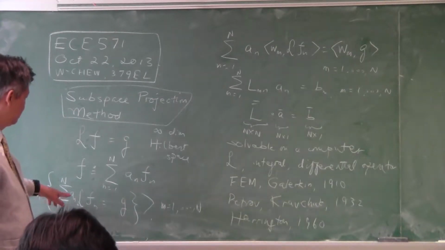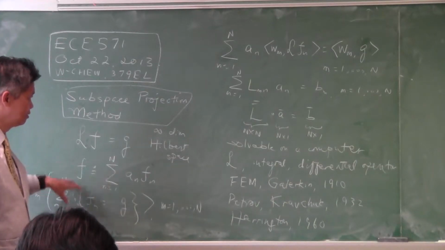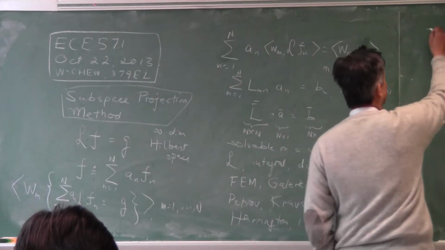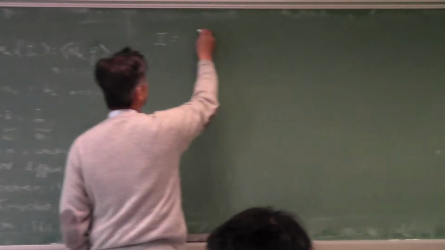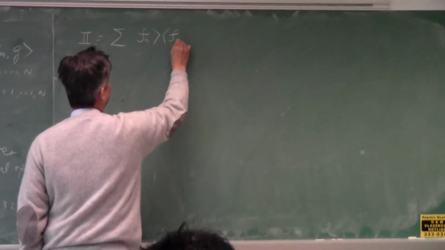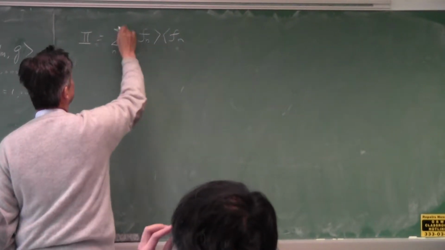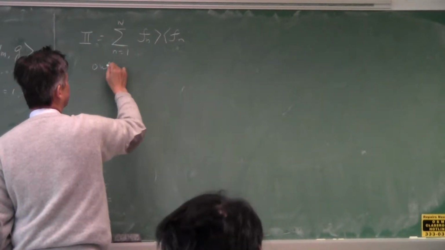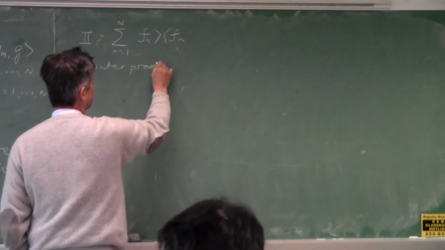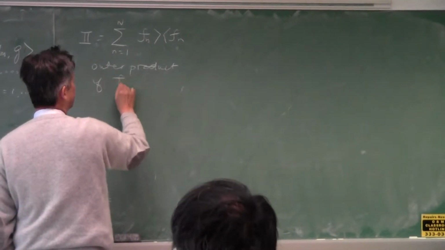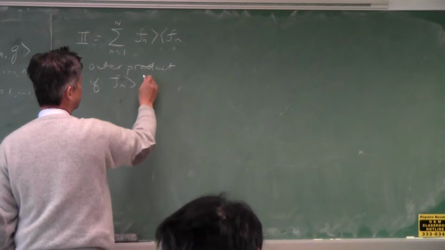So when f sub n are orthogonal, this is very simple. We can also define an identity operator that is an outer product of fn and fn and so on, n equal to 1 to N, and this is like an outer product between the bases if fn is orthonormal.